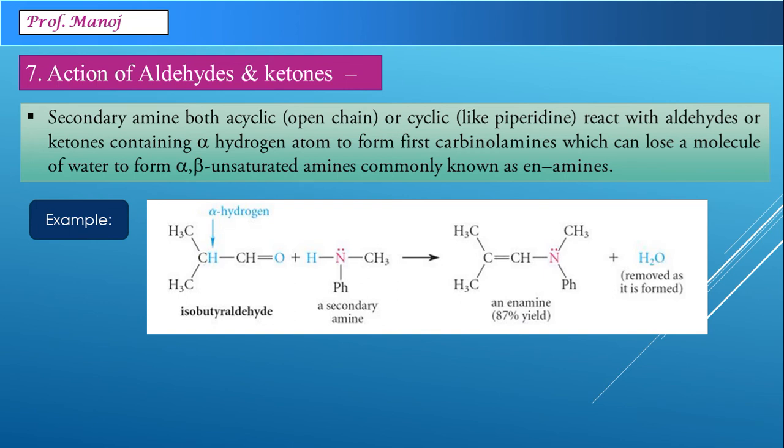Let us see an example of this, where you can see isobutyraldehyde's alpha hydrogen is shown, the oxygen of aldehyde is shown, and secondary amine's hydrogen. These three atoms which are shown in blue color will be lost as water, and by joining we get the enamine produced.